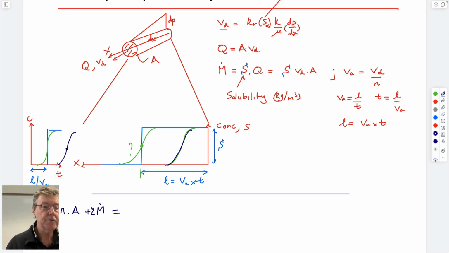If you multiply volumetric flow rate by density, you get a mass flow rate. And this is the volume in minus volume out is equal to accumulation, equals 0.